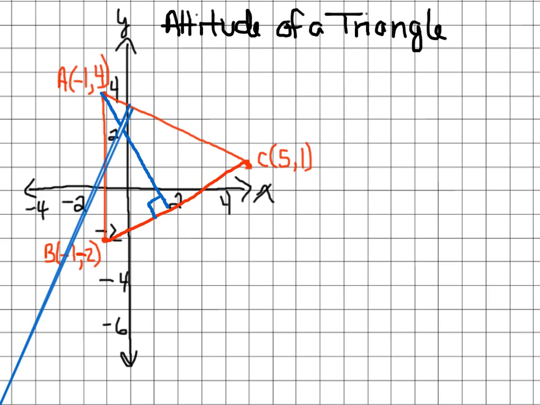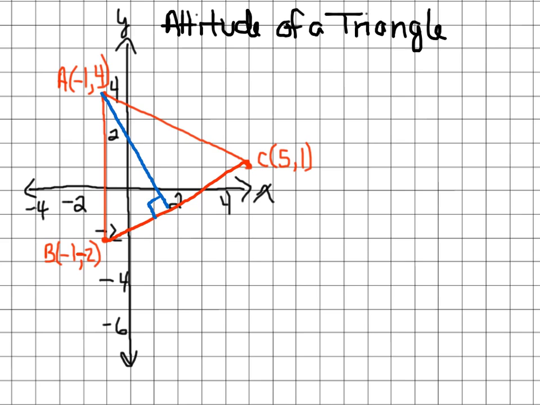When I look at this line, I won't be able to determine what the slope is because I don't have 2 points, and I'm not 100% sure what this point will be, or even if the line that I drew is in fact perpendicular.